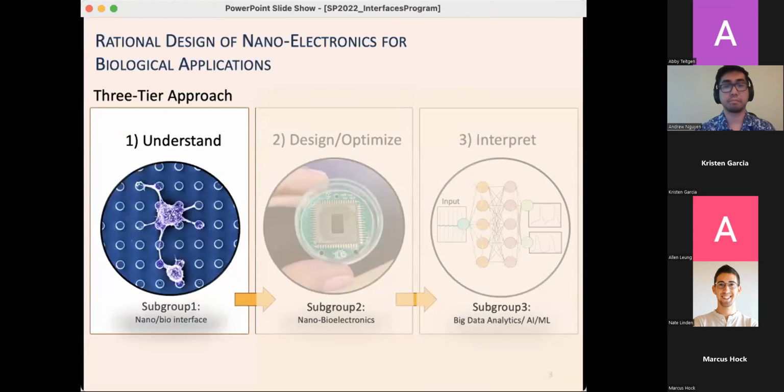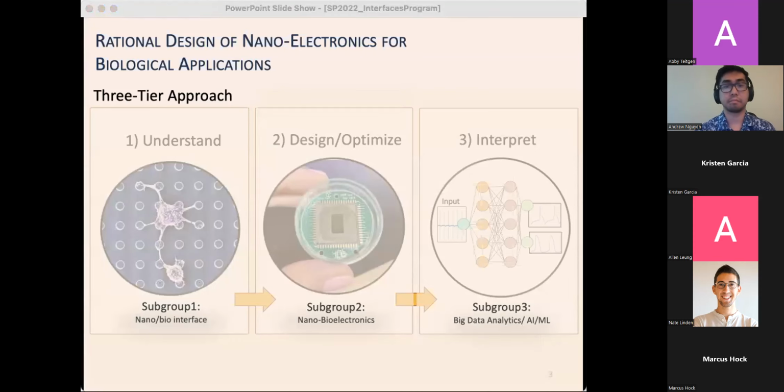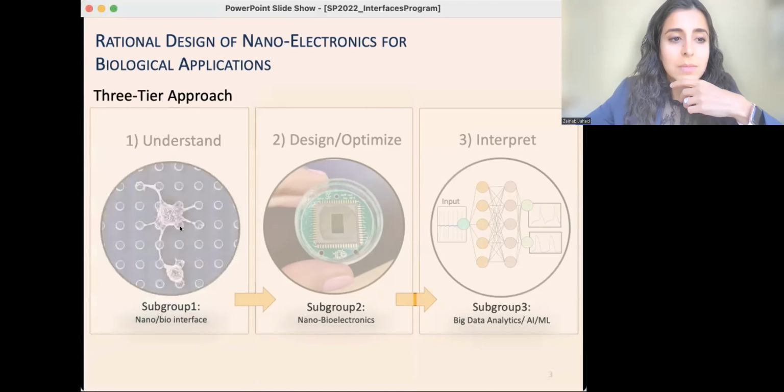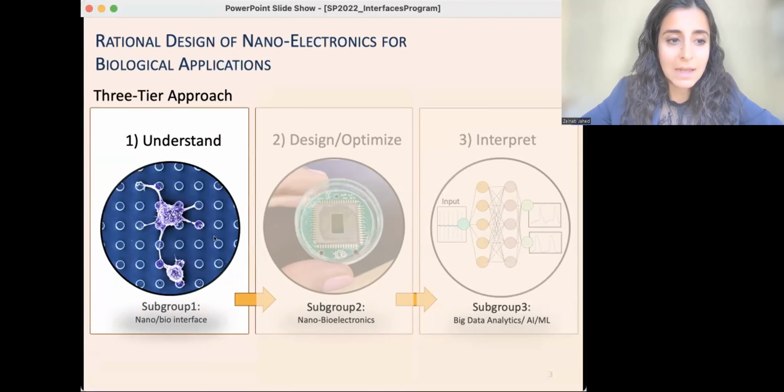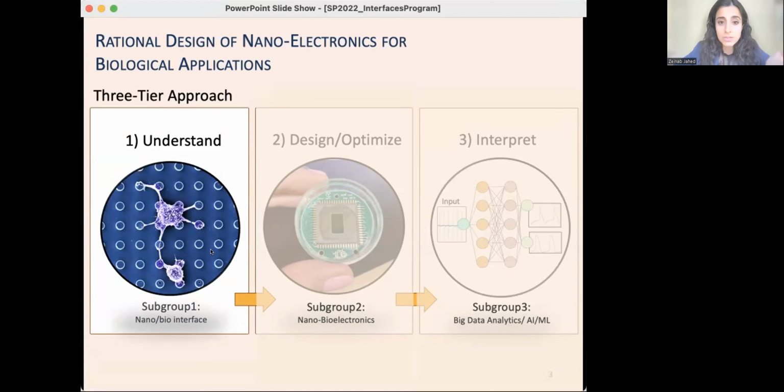And so the way we approach this is a multidisciplinary and multi-scale approach. In my opinion, to be able to design these nanoelectronics for biological applications, we first have to understand the complex interface between cells and these nanomaterials or the nanoelectronic systems that we're trying to use to sense them.